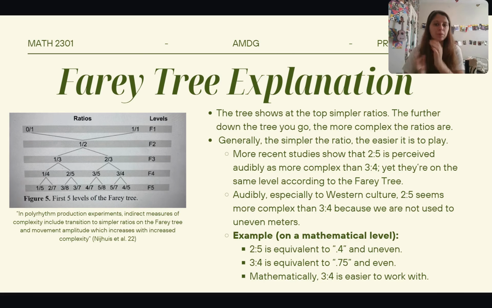It's generally believed that the simpler the ratio, the easier it is to play and the easier it is to perceive. More recent studies show that 2 to 5 is perceived audibly as more complex than the 3 to 4 ratio, yet if you look at this chart, they're on the same level. If you look at F4, they're both on the same level.